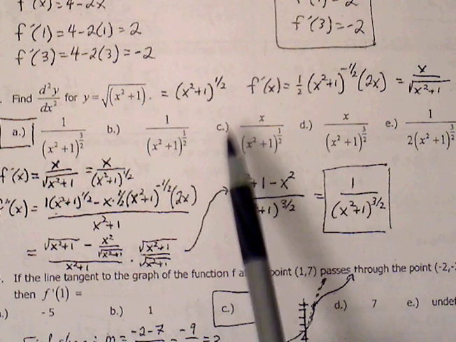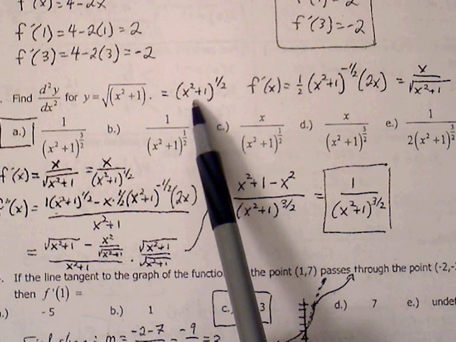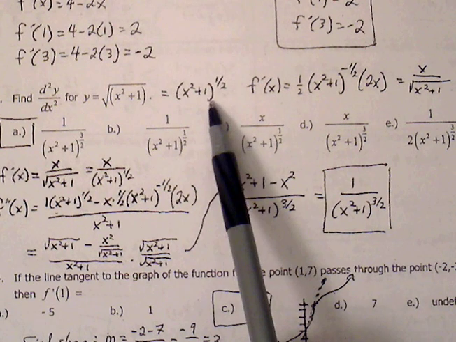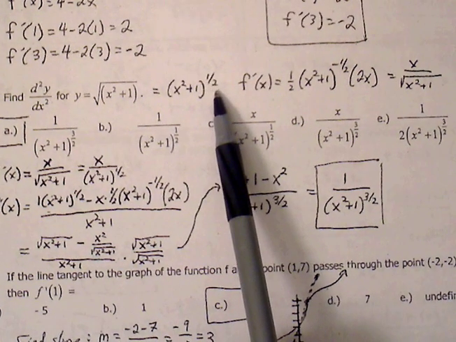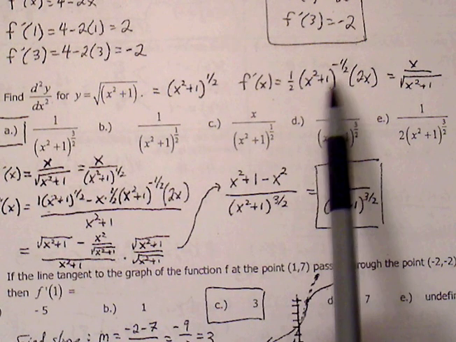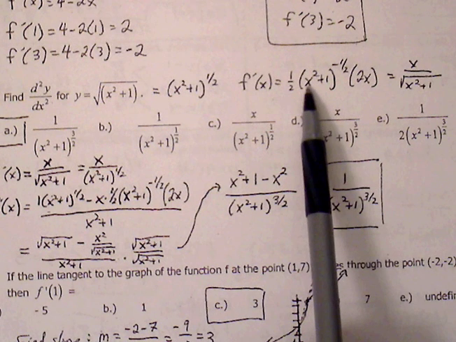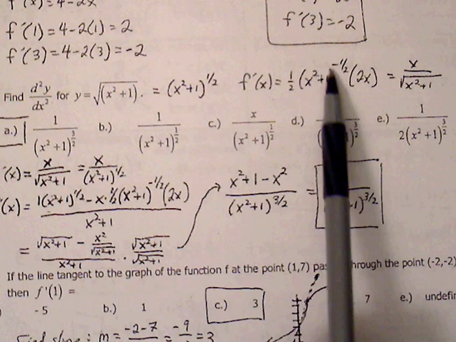So chain rule says we take care of the outer function's derivative first, and then we multiply by the inner function's derivative. So the outer function is parentheses to the 1/2. So the derivative of parentheses to the 1/2 is simply 1/2 parentheses to the negative 1/2. Right? We just treat the parentheses like we would a variable. So imagine this is just x.